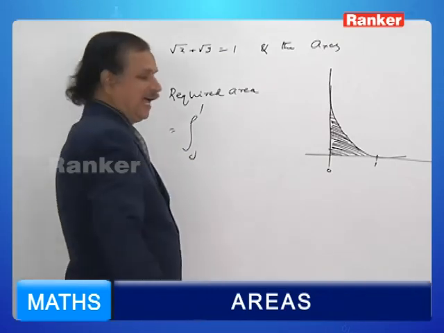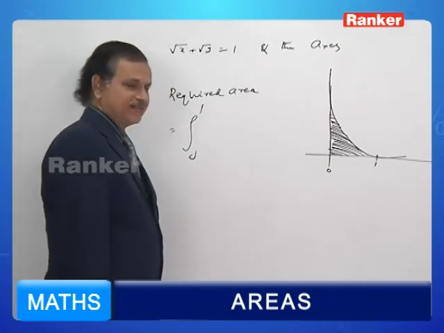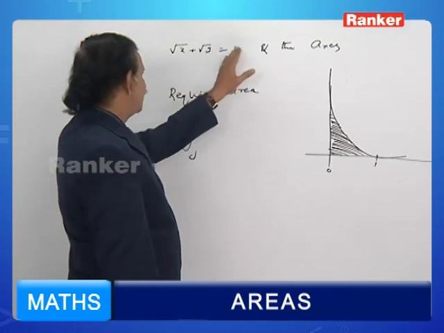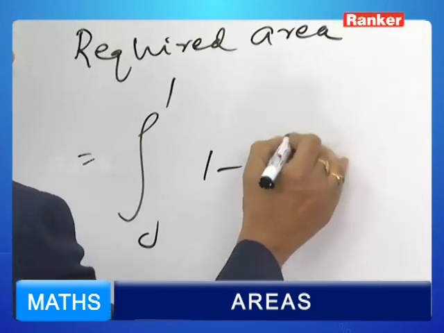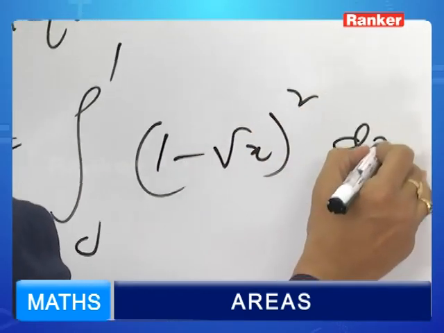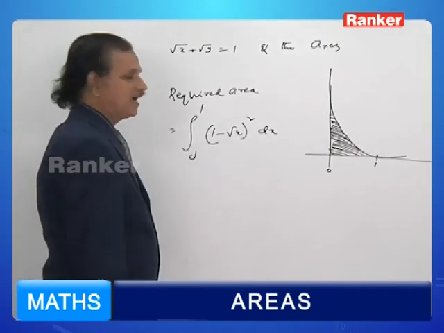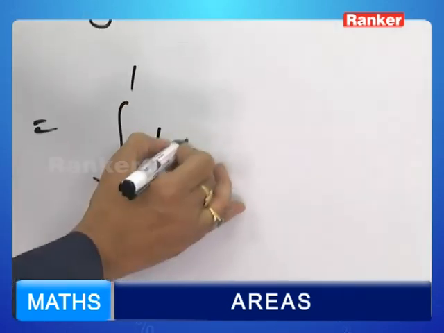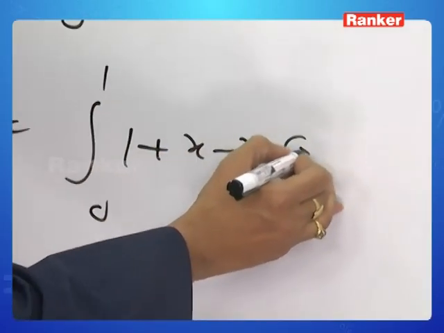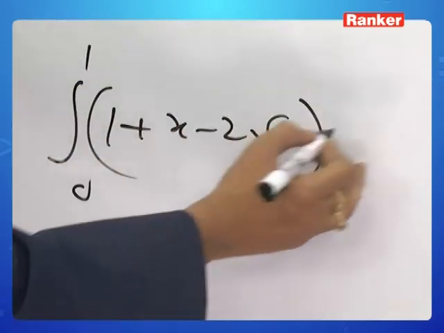Come on, x dy or y dx? y dx. What is y? Root y is equal to 1 minus root x, isn't it? So, 1 minus root x whole square dx. Hence, it is integral 0 to 1, 1 plus x minus 2 root x, between the limits 0 and 1.